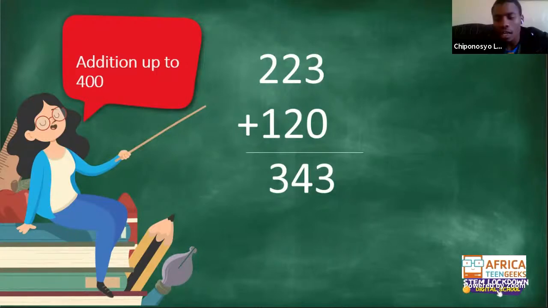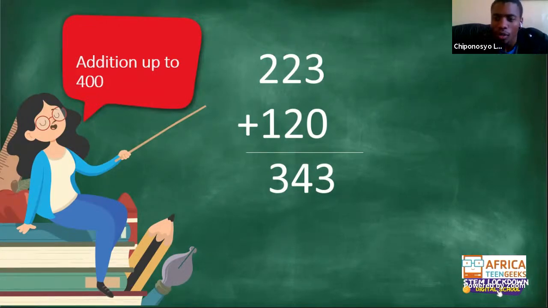So you added with the place value. With the place value. You said the hundreds plus the hundreds, the tens plus the tens, the units plus the units. Yes. You're awesome.